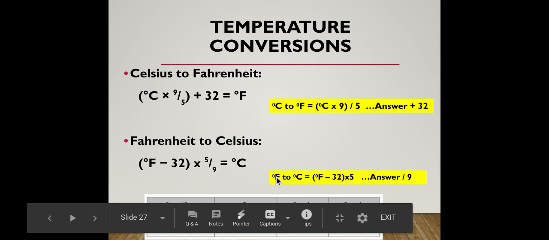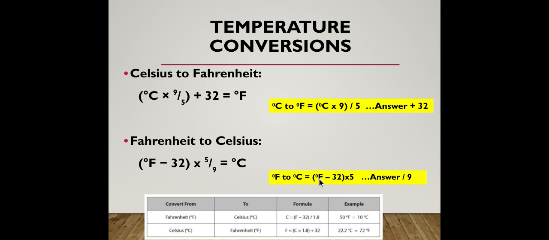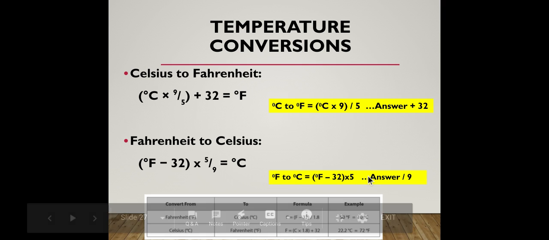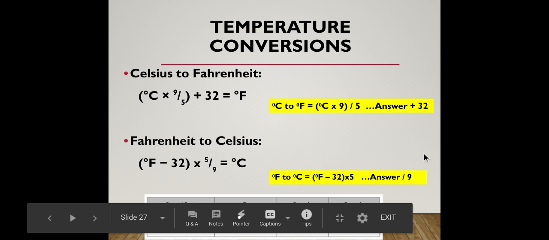Or to convert from degrees Fahrenheit to Celsius, take the degrees Fahrenheit you're given in the problem, subtract 32, multiply that by 5, get your answer, and divide by 9.